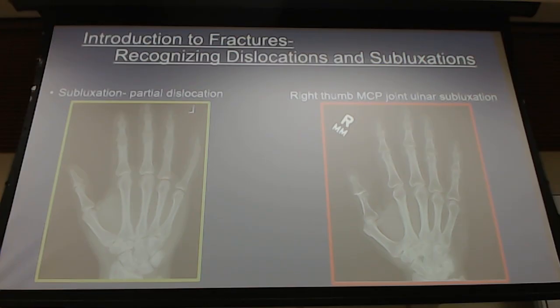In cases when the thing looks normal, you have to ask yourself, do you have a correct radiograph? Remember I told you that your radiographic techs will do their best to get you the right views, especially the ones that you ask for. You could argue that there is a little bit of incongruency at the thumb MCP. Right here. It's a little more pronounced in the picture on the right side.